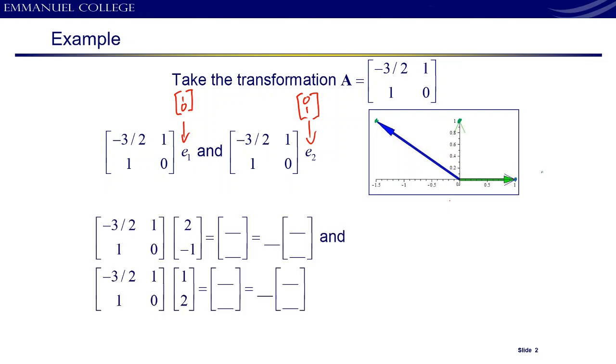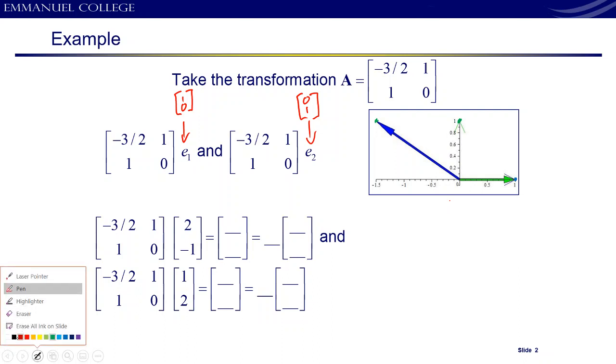But let's take two very specific vectors. If you're wondering why I picked these two vectors, it's specifically for this example. There aren't any other vectors that will work in this case, and I'll get to why that is later on. If we multiply this, we get negative 3 halves times 2, which is negative 3, plus 1 times negative 1, which is negative 1.